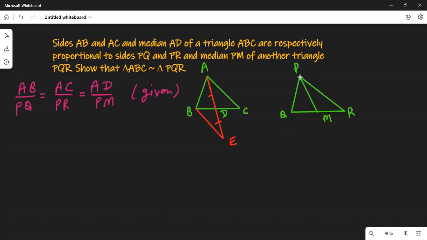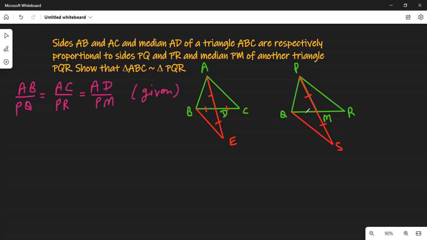Similarly, we can do extension here. PM is extended to a point, say, in triangle PQR, let's say this point is S, and then join QS. We are extending in such a manner that PM is equal to MS. Now, one thing we can easily see, since AD is the median, so BD and DC will be equal.